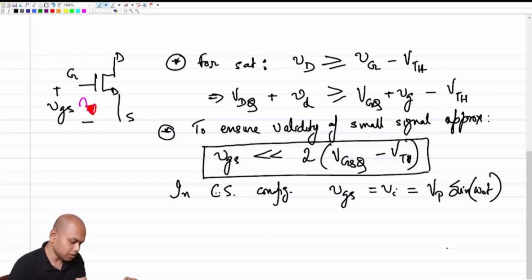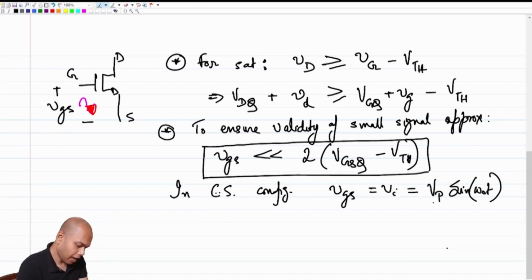So in a common source amplifier, VGS is equal to Vi, which is equal to Vp sin omega naught t, right? So what is the maximum Vp that you can apply to ensure the small signal approximation is still valid?